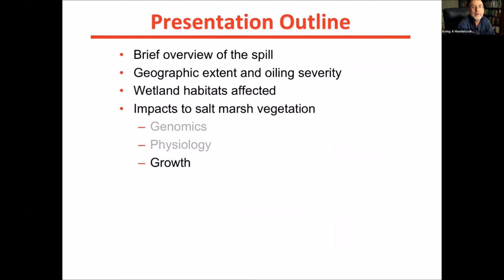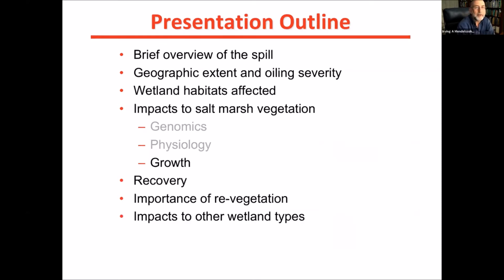There are also in the literature impacts to genomics and physiology, which we'll have to wait for another time. Then I'll get into recovery and the importance of revegetation in that recovery and impacts to other wetland types if I have enough time. And then finally, I'll try to draw some conclusions and wrap up.